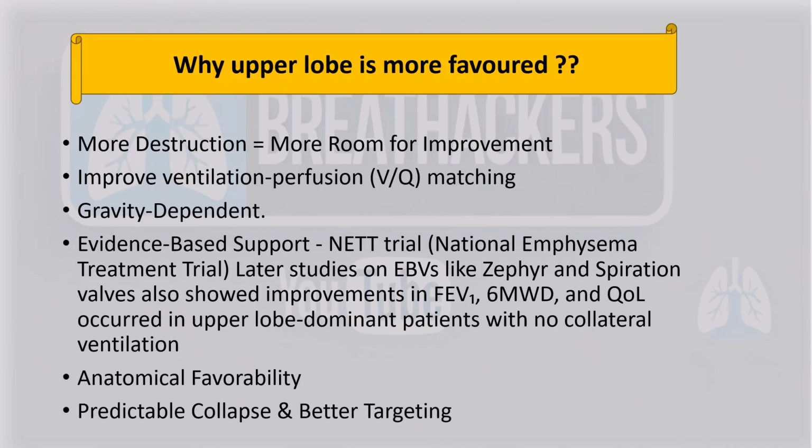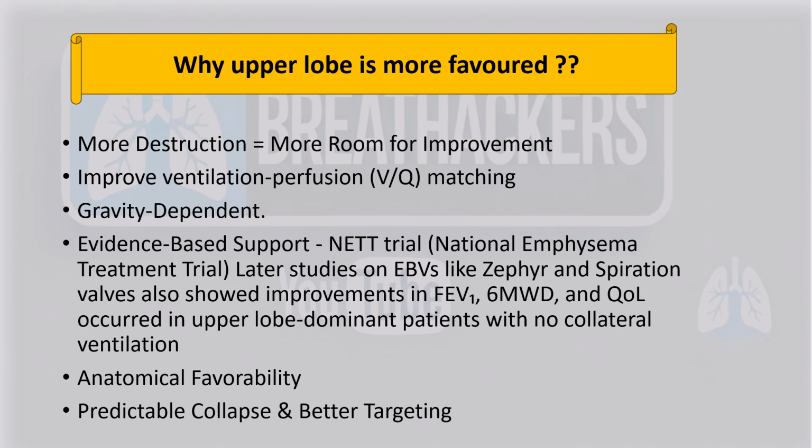Now you must have read in all the guidelines and books that if we are talking about LVRS, either bronchoscopic or surgical, if the disease is in the upper lobe, the procedure has a more favorable outcome. Why is it so?